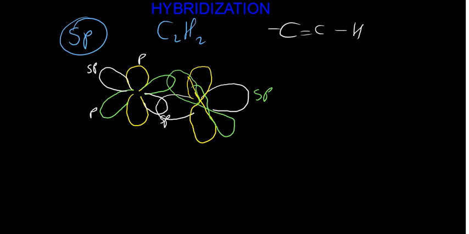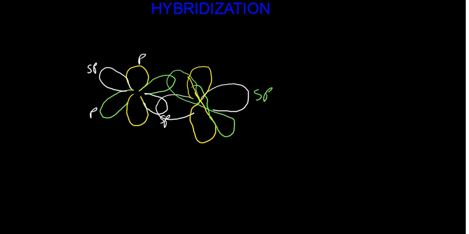Let me make it much clearer. Okay, so what we have is this is a p, this is also a p, and then the one in green is also a p. So what I'm saying is these in yellow can overlap, and those in green can also overlap.